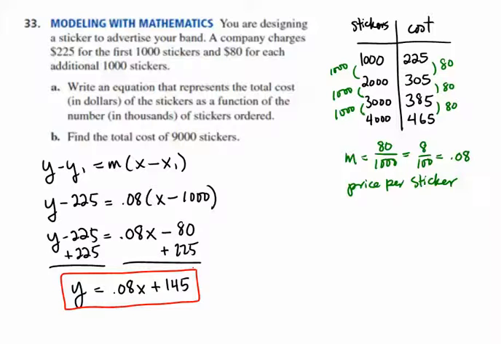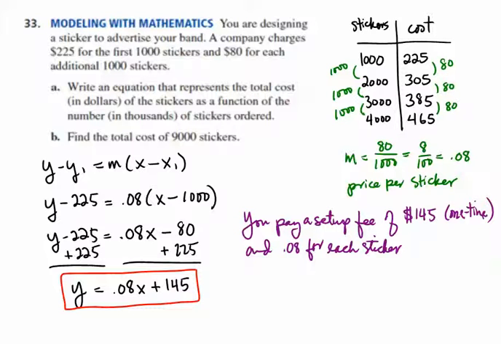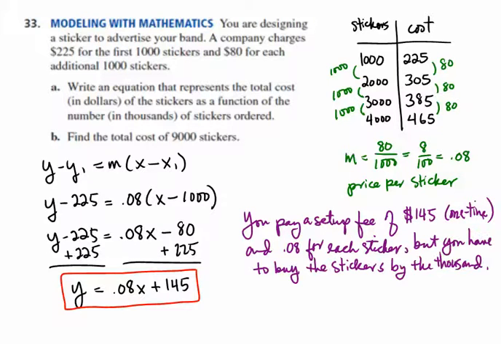So let's write that down. So you pay a setup fee of $145. That's a one-time fee, and 8 cents for each sticker, except that you have to buy the stickers by the 1,000. Okay, so you pay 8 cents for each sticker, assuming that you buy the stickers by the 1,000.